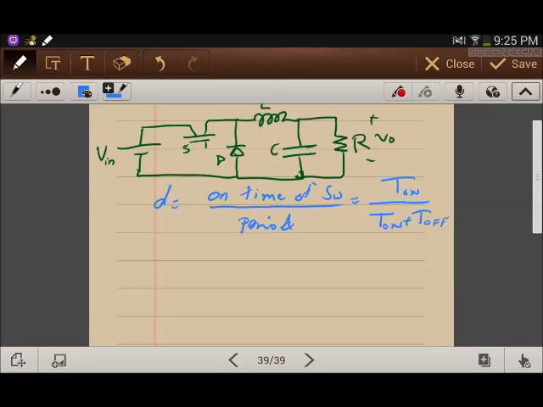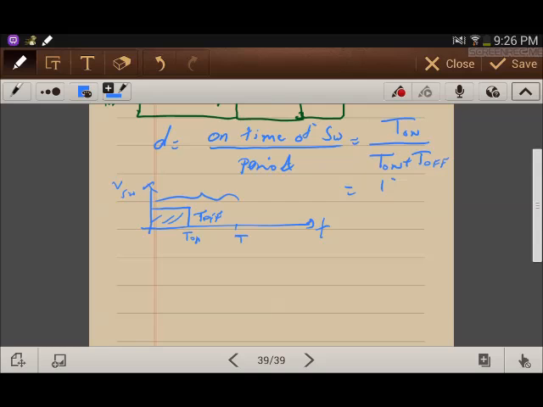So if we have a switch, the on and off times of the switch will be in this manner. This is T on, this is T, the period, so this is T off. So the duty cycle is the on time of the switch, which is this one, divided by the whole period as a function of time. So this will be T on over T.